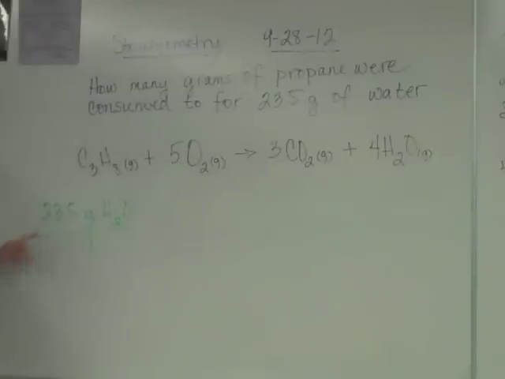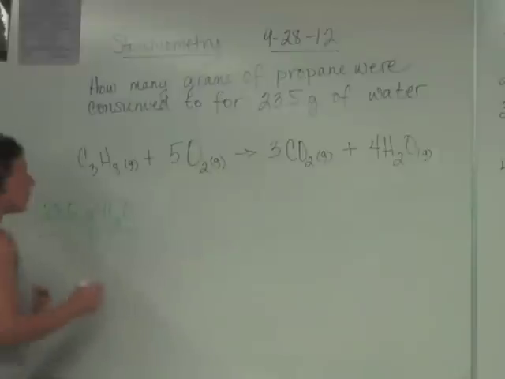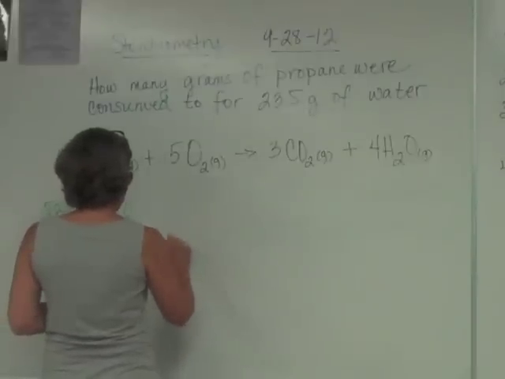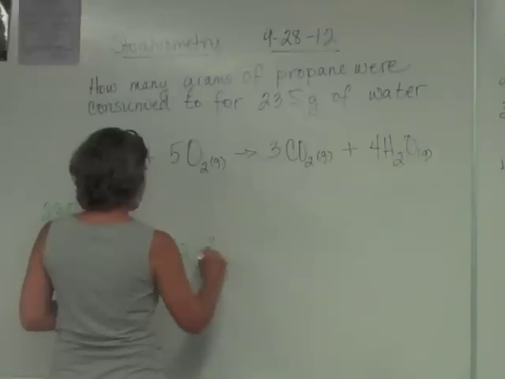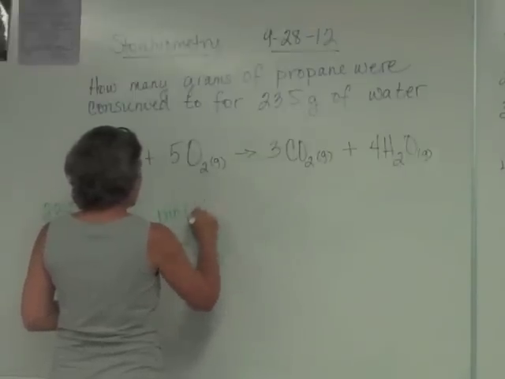Okay, so I can't do anything with grams, right? The first thing I've got to do is convert my known to moles, unless it's given to me, but I didn't do that for you. So 23.5 grams, and water is 18.02 grams per mole, 18.02 grams of water per mole of water.